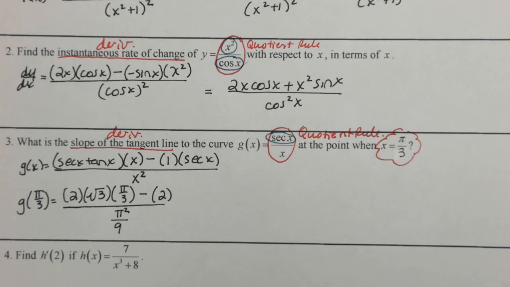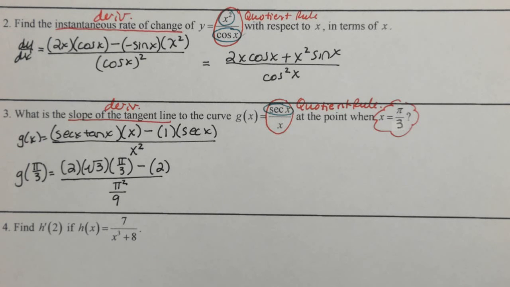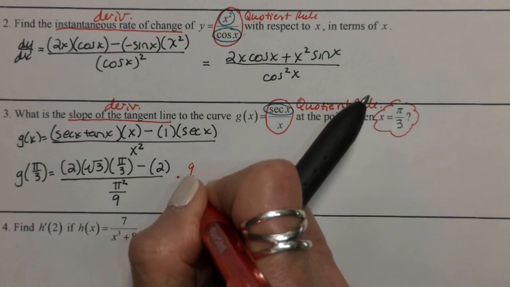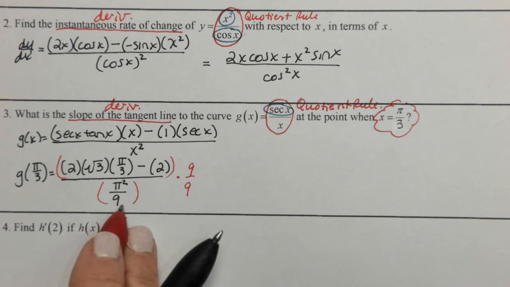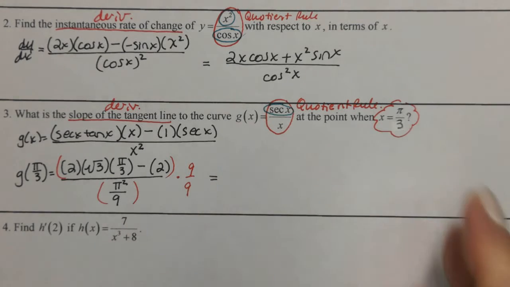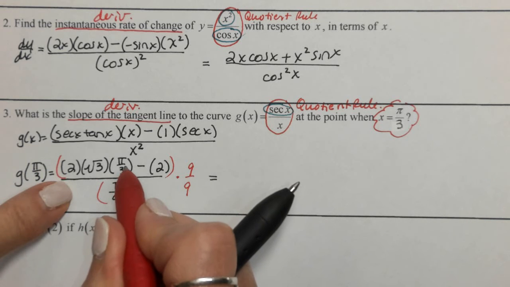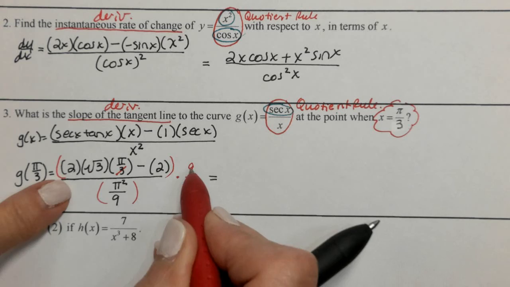This is a complex fraction. It would be fine for an FRQ question, but for a multiple choice question, they would get rid of the complex part of this fraction. So they would multiply top and bottom by a 9. Because a 9 will get rid of this 9 and it will get rid of that 3. So this 3 will reduce with a 3 from the 9, but it will still leave a 3.